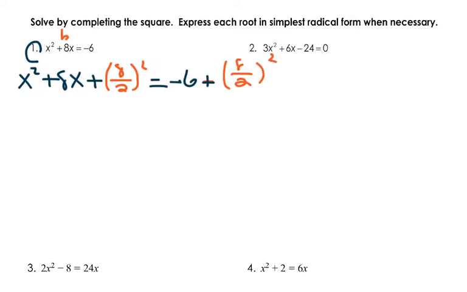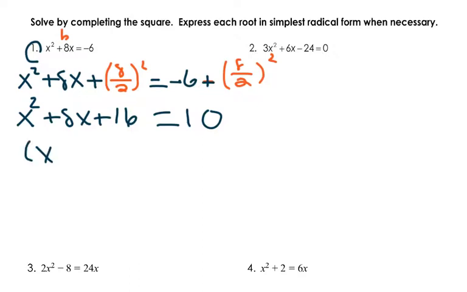Then I'm going to simplify, so I have x squared plus 8x. 8 divided by 2 is 4. Squaring that gives me 16. And then negative 6 plus 16 will end us with 10. And then if I were to factor this, I'm going to have x plus 4, x plus 4 equals 10, right?